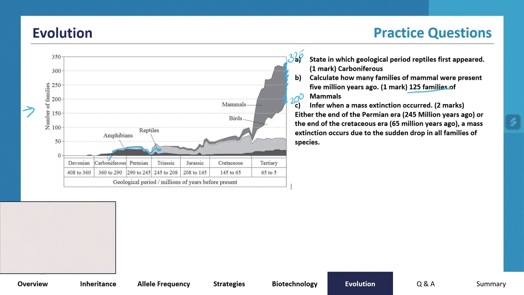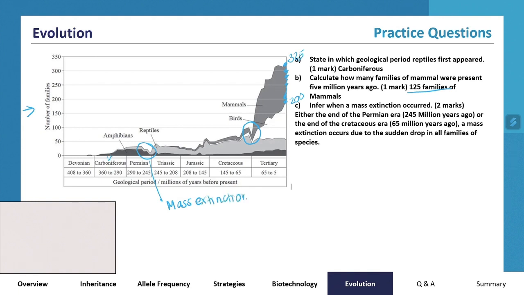Infer when a mass extinction occurred. So we're looking for rapid decreases in biodiversity. The first one I would probably say here is at the very end of the Cretaceous period, or alternatively at the end of the Permian era, but the Permian one was slower than the Cretaceous period.